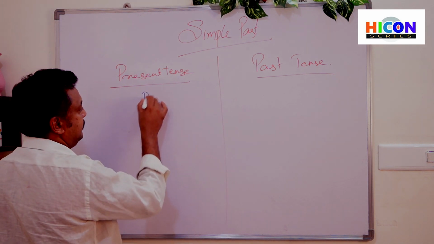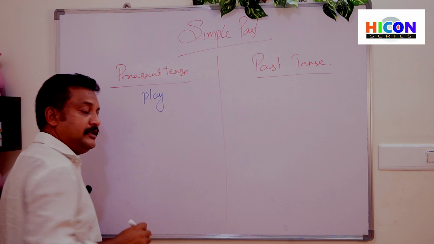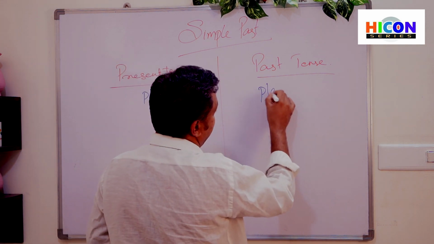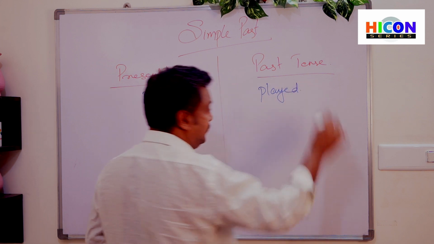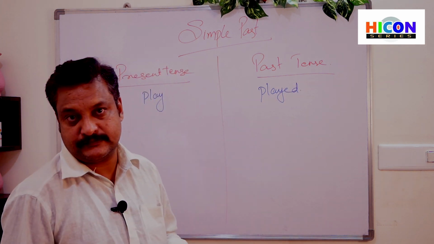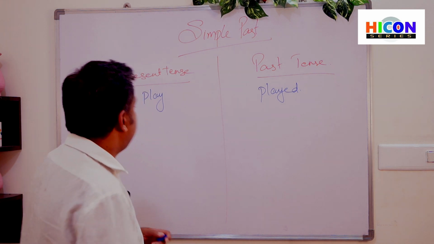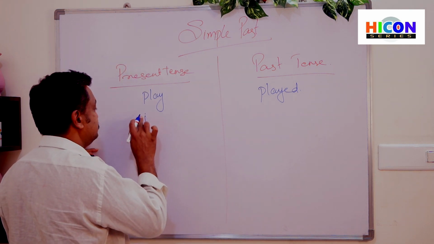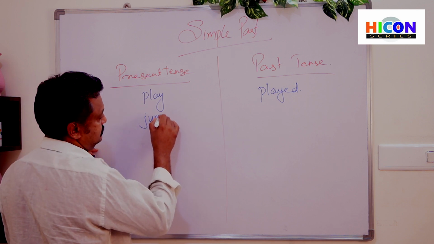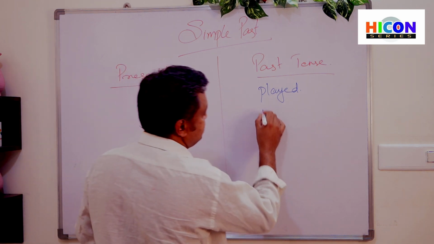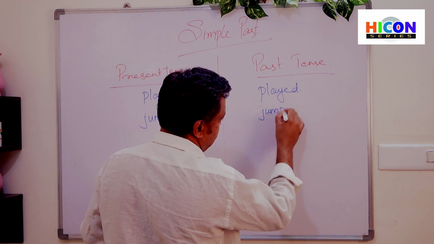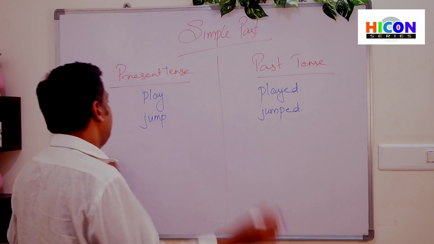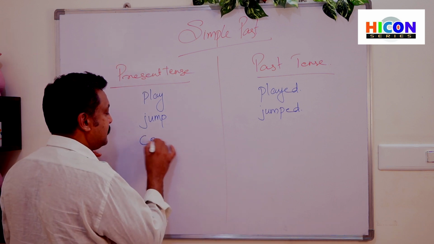Now, we say play in the present tense. We say played in the past tense. Right? We say jump. In past tense, we say it as jumped. We say cook.